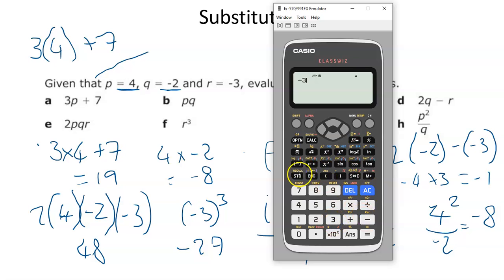Minus 3 store as C, and now A, B, and C are set as these three numbers. So if I write in 3 alpha A plus 7, it works it out. If I write alpha B, alpha C, it just works it out because it's using the stored values. So likewise, if you have the same numbers with lots of different formulae and you have to substitute the same numbers in like this, using the store function is really, really good.